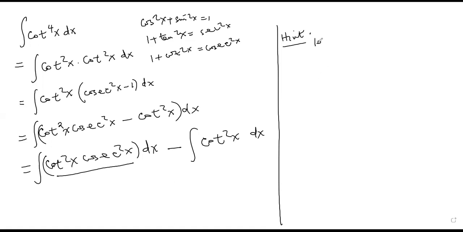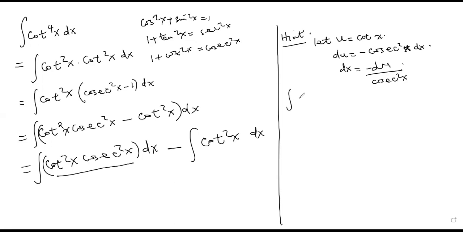If I let u be cot x, it means that du, when you differentiate a cot, you get negative cosec squared x dx. Meaning that my dx is going to be equal to negative du out of cosec squared x. So that I work on this one only first.